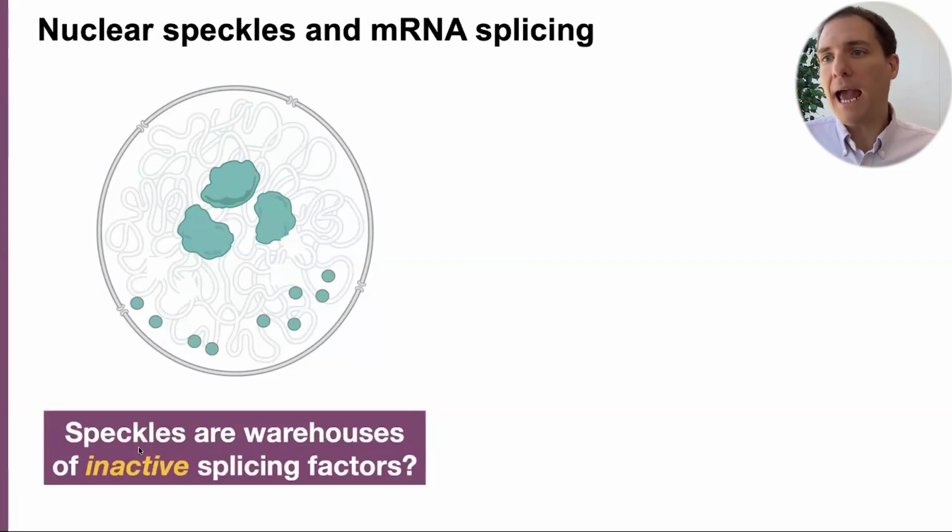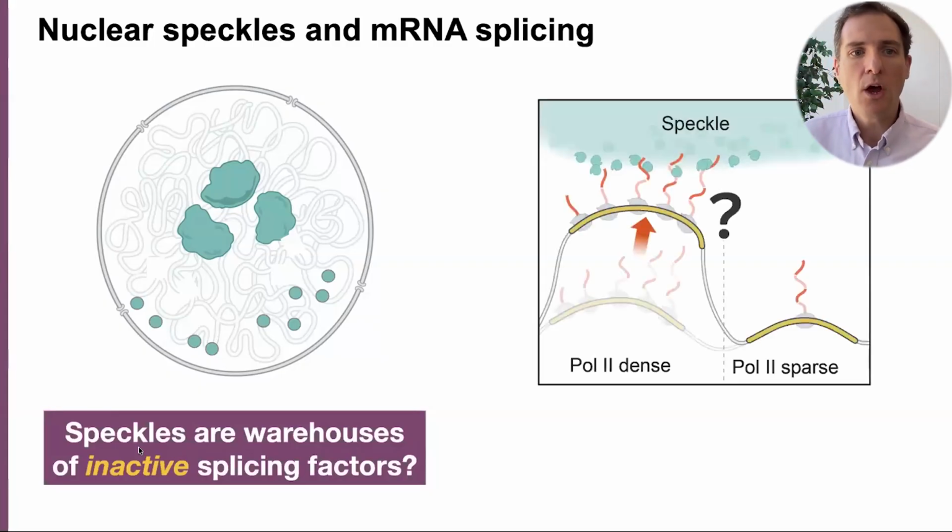But by looking at these different spatial organization structures using our SPRITE data and other methods that the field has used over the last few years, we've started to learn that DNA is not randomly organized in the nucleus, but rather highly transcribed Pol2 genes are preferentially organized on the periphery of nuclear speckles.